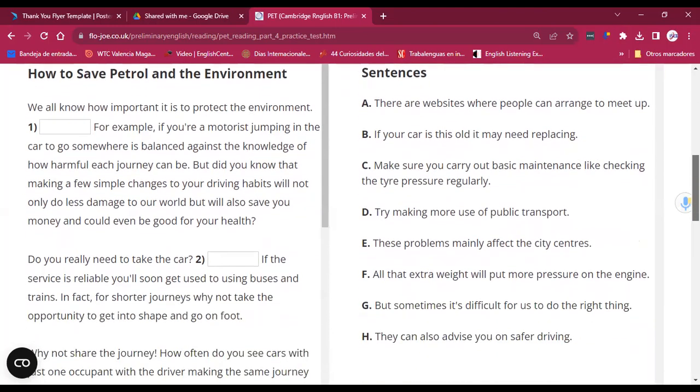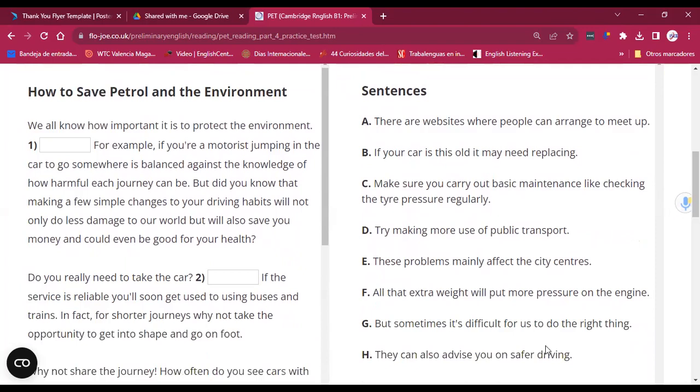Which sentence, A to H, should be in number 1? We all know how important it is to protect the environment. Which sentence should be there? From A to H. And let's vote.